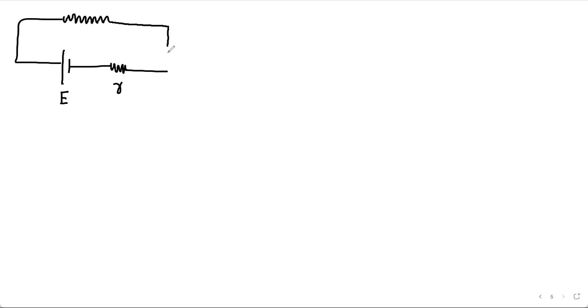Now, these were the simple examples to know what terminal potential difference is. Let's see the formula for terminal potential difference. I take this cell, the EMF of the cell is E. The internal resistance is small r. The external resistance of the cell is capital R. Some current is passing through the cell.